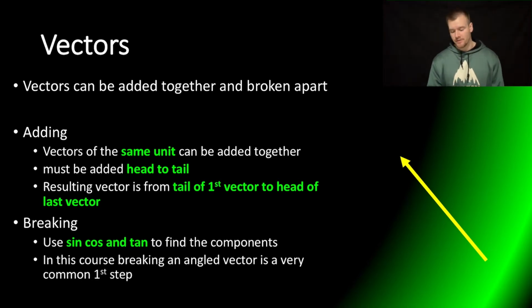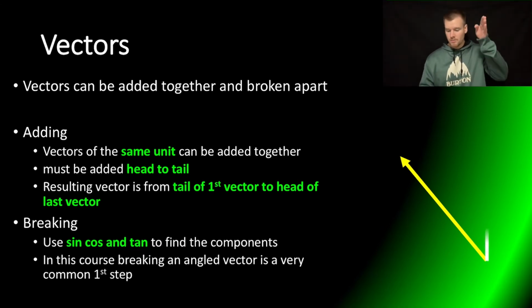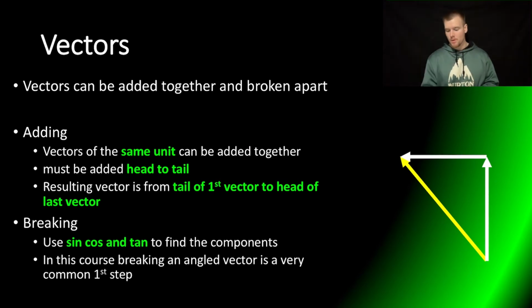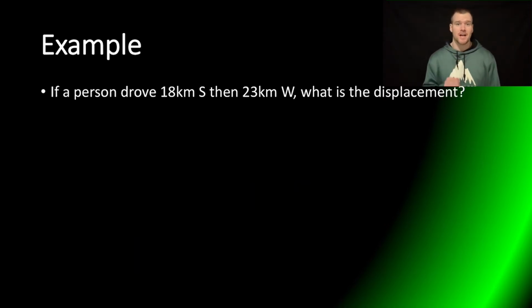This is often a first step in solving lots of different vector problems, so it's good to get practice at this and be confident in using sine, cosine, tan in this way. We would want to look at the vertical component, finding that side, and the horizontal component, that side right there, and figure out the values of those two. So let's apply this to an example.